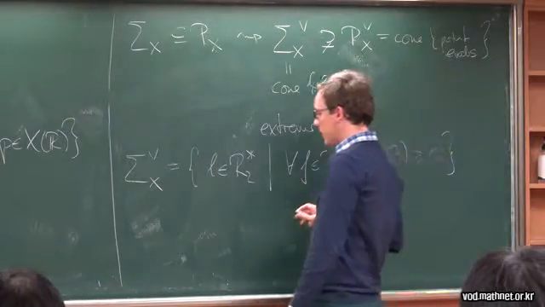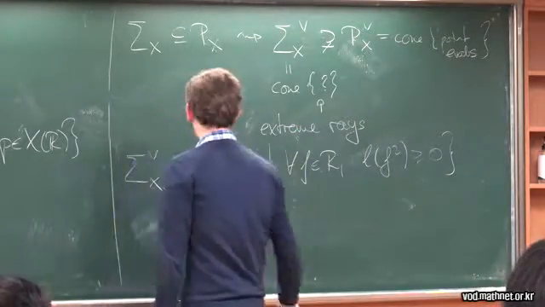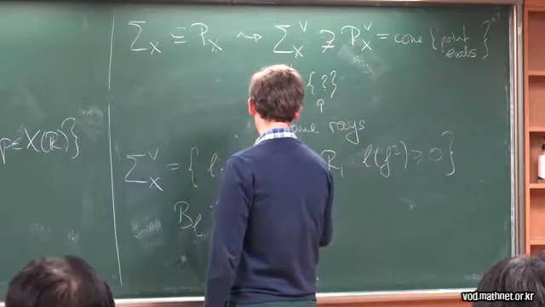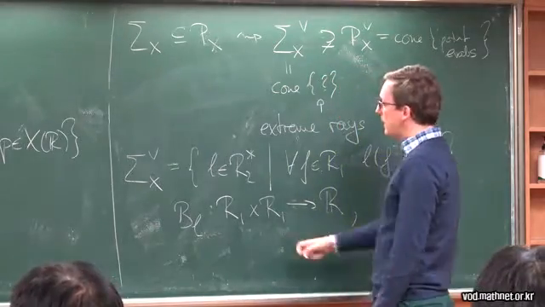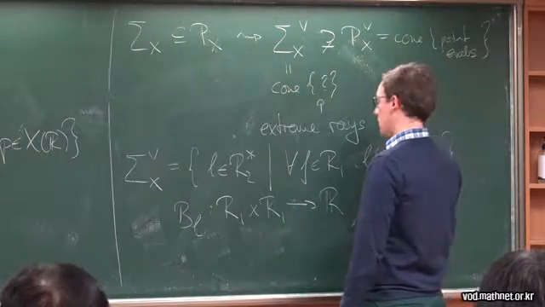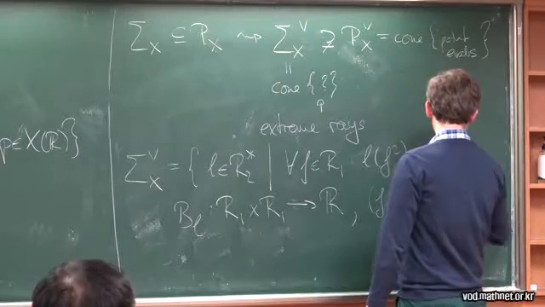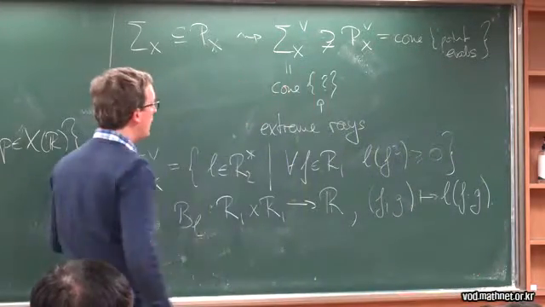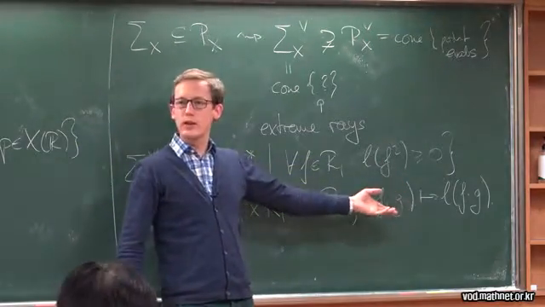But the trick is that to every such L we associate its catalecticant matrix that I like to write down like this. So it's a bilinear form. We turn this linear functional into a bilinear form: f, g gets mapped to L of f times g. And then being non-negative on squares means if you plug in f comma f, you always get a non-negative number.